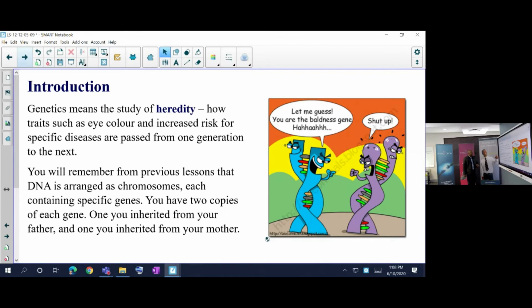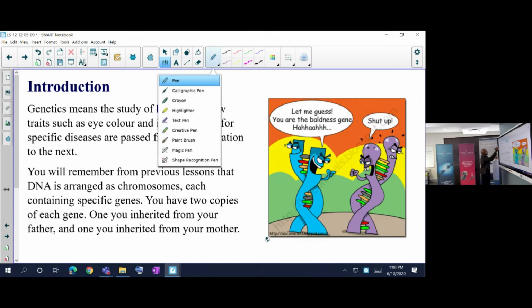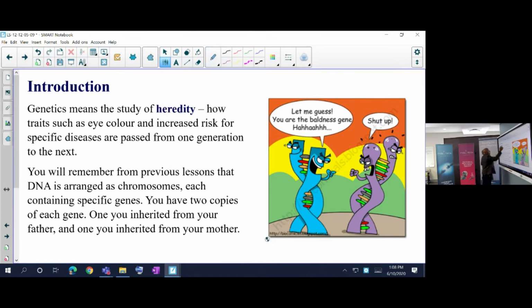Good. So DNA is arranged as chromosomes, we remember that, each containing specific genes. And you do have how many copies of a gene? We remember that. Always 2 copies of each gene.